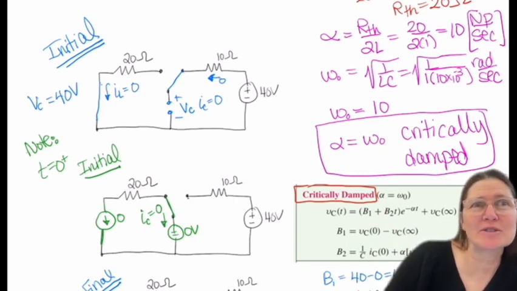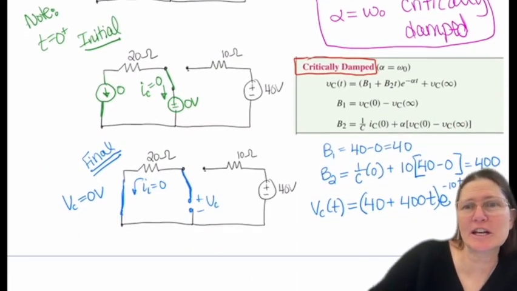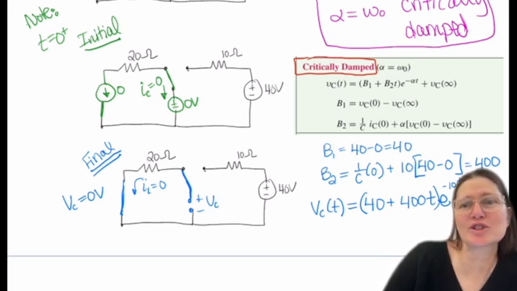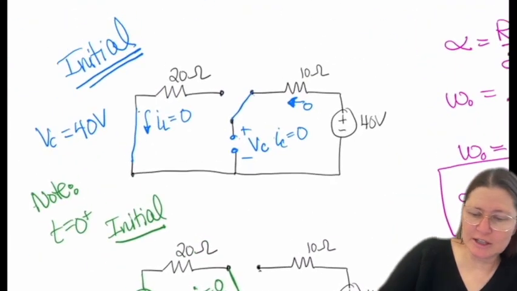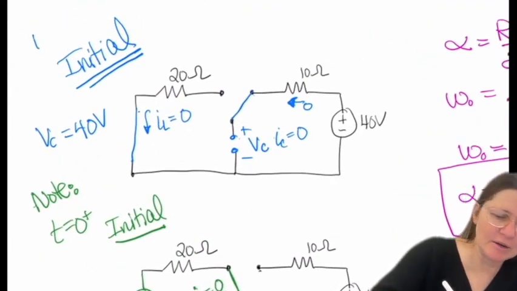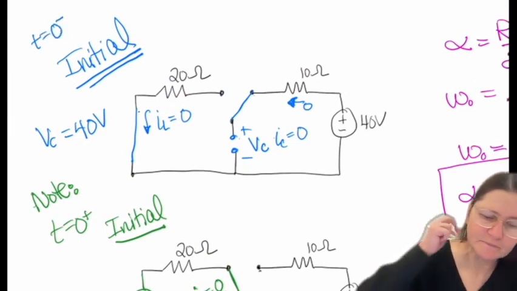Okay, critically damped. So then we need to know for critically damped VC0, VC infinite, which is the final; VC0 is initial, IL0 is the initial value. So the initial circuit is at t equals 0 minus.